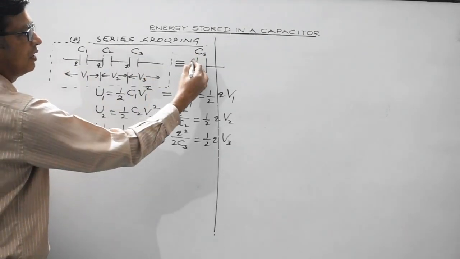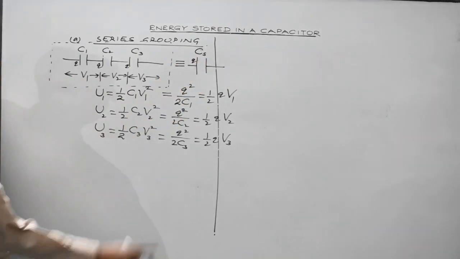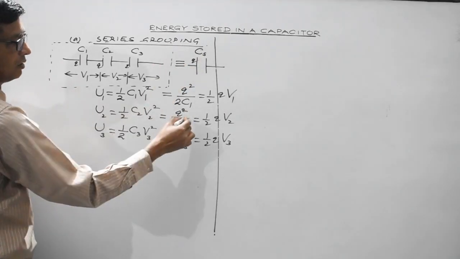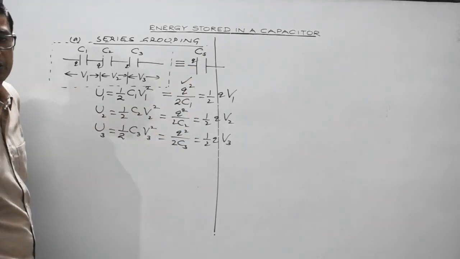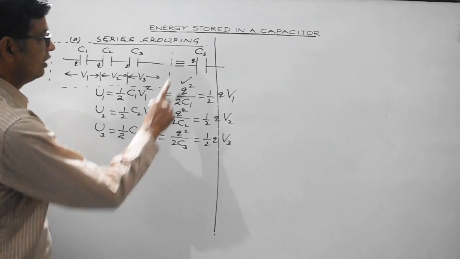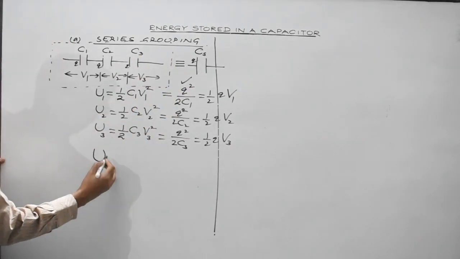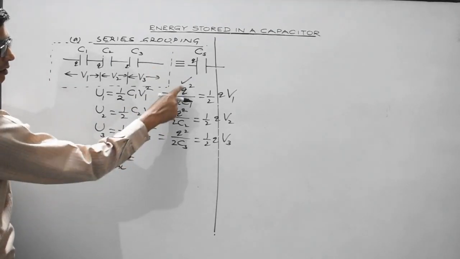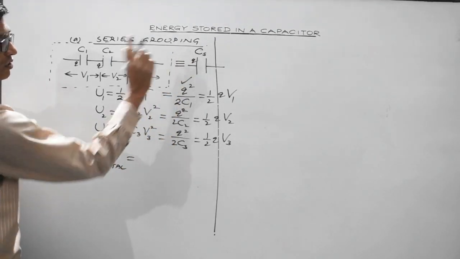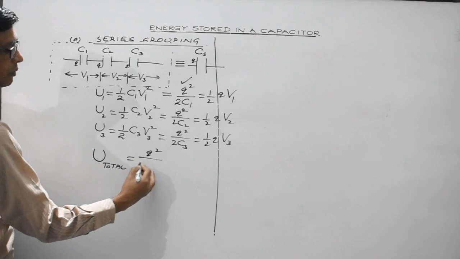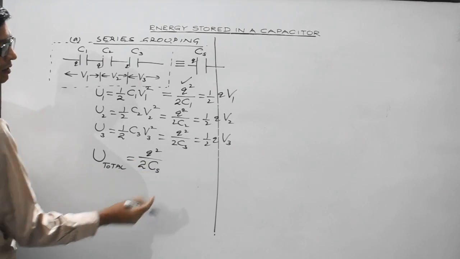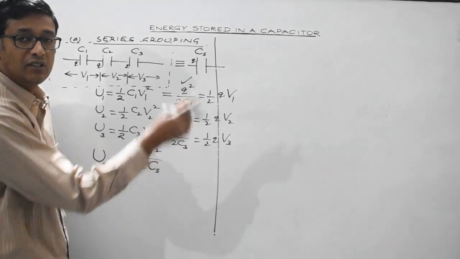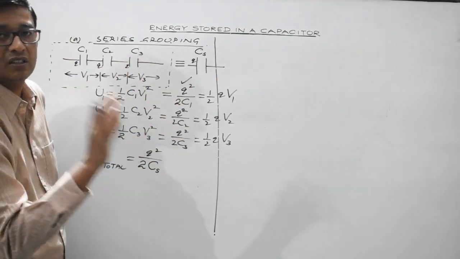Charge, as you are aware, will remain constant. Q is constant. So in terms of C, we can make use of this particular expression, Q square by twice C. So the total energy stored in the system will be given by this formula, because your charge is constant: Q square divided by twice CS. CS is the resultant capacitance of the series grouping of the three capacitors under consideration.